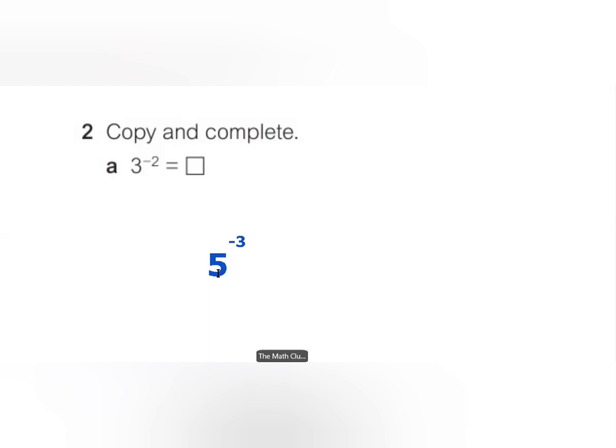You have to understand that a negative power means a fraction. And when you turn this into a fraction, it must be like this. First, you write the fraction line like this. And then take the negative and make it a 1.